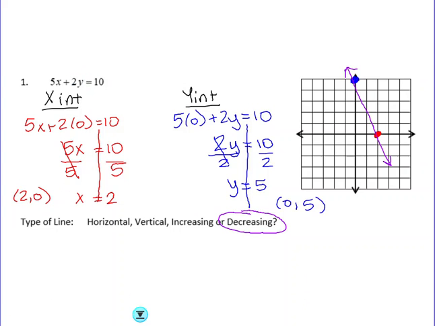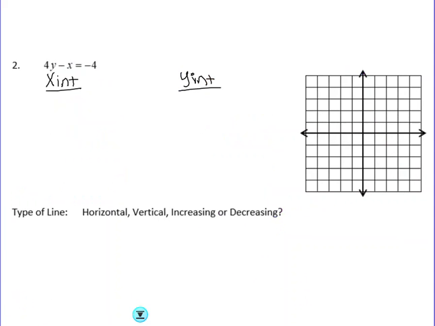So, the shortcut to find the x-intercept is to cross out the y term and then solve that equation that you're left with. So if I solve negative x equals negative 4, now this is the same as negative 1x, so I'm going to divide by negative 1, and I get x equals 4. So my x-intercept is (4, 0). That is this point here.